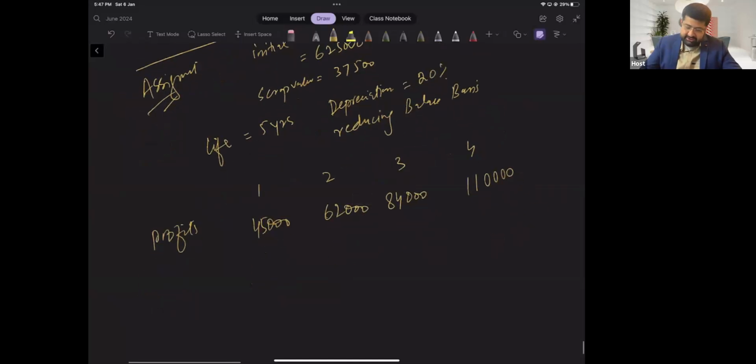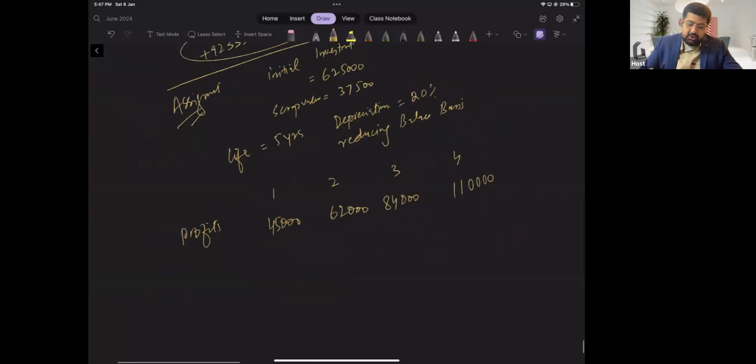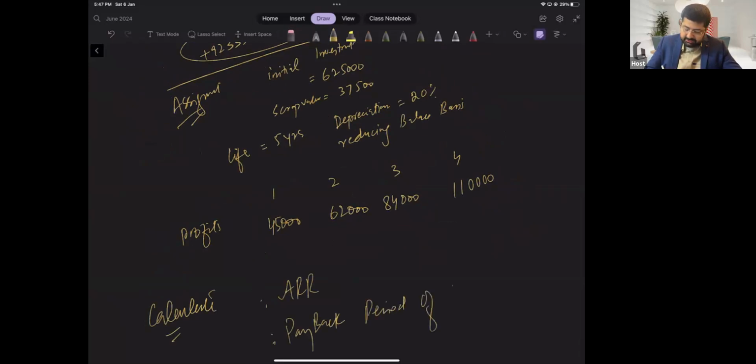What you have to calculate is ARR and payback period of the project. Two things. And you have to take a picture of the page and send it to me on my WhatsApp.